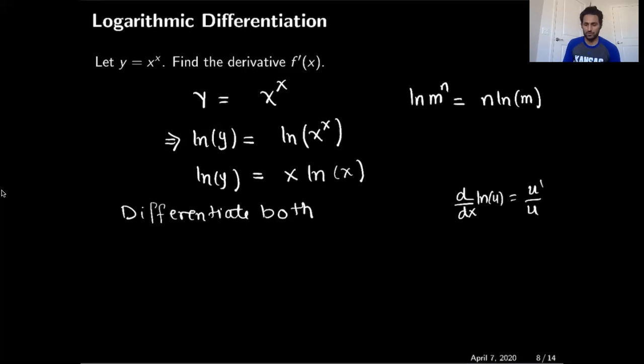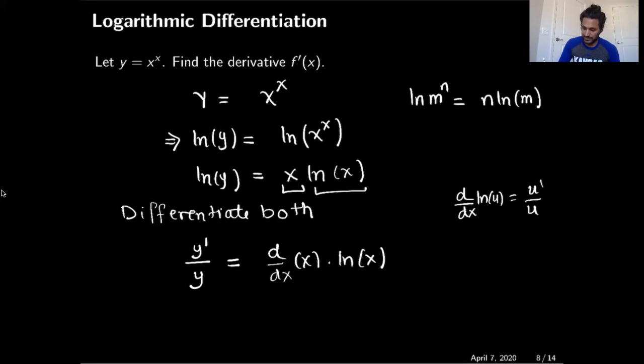Here u is y, so the derivative of the left hand side will be y prime over y. The derivative of the right side will use the product rule: the derivative of the first function times the second function as it is, plus the first function untouched times the derivative of the second function, natural log of x.